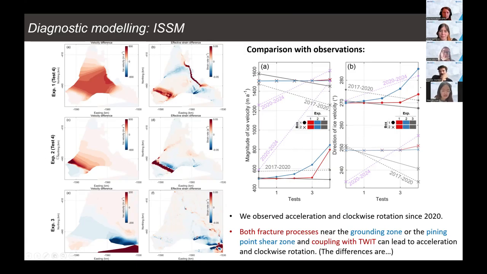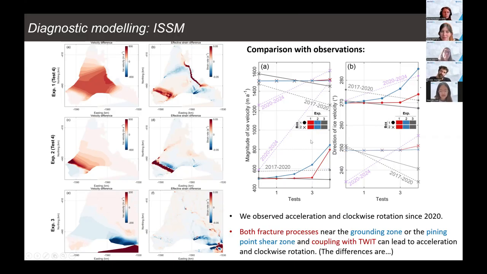And both experiment 2 and 3 show more localized patterns of acceleration and deceleration. So if we compare the model results with our observations, we find that the general trend, the acceleration or deceleration, is quite consistent with observation.